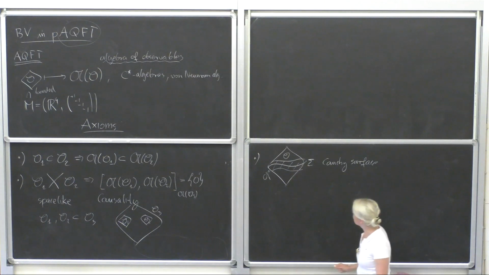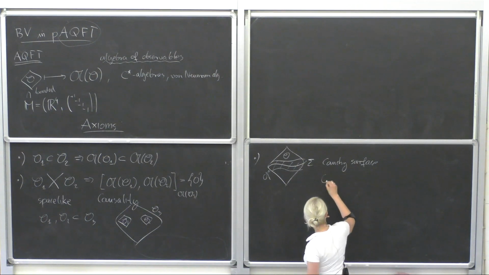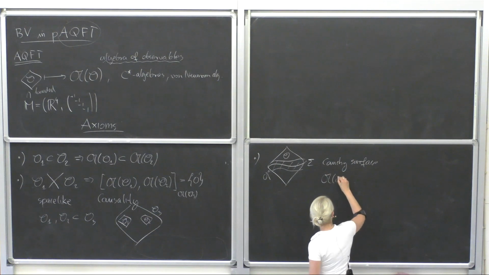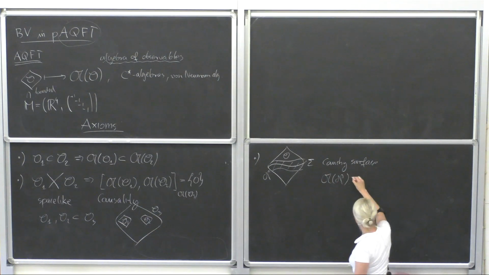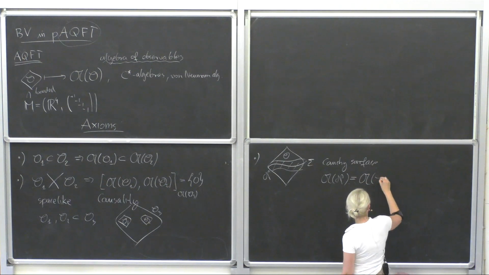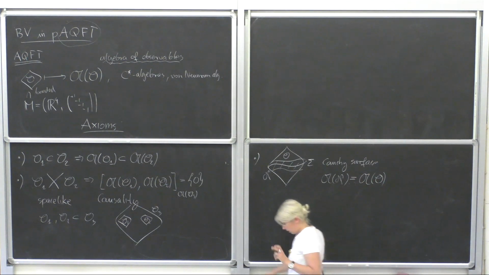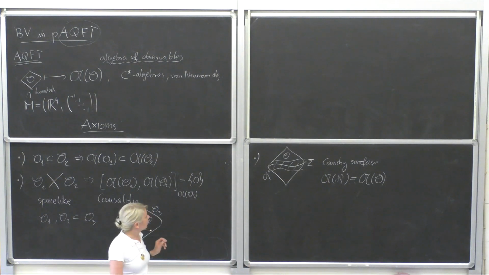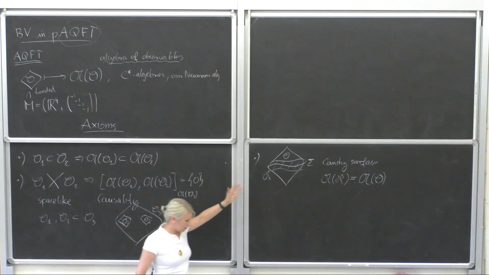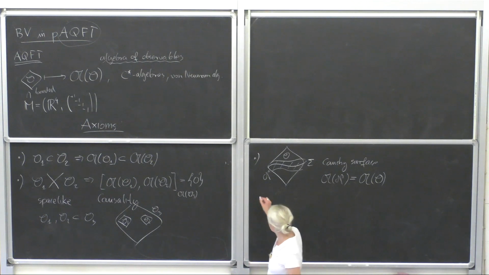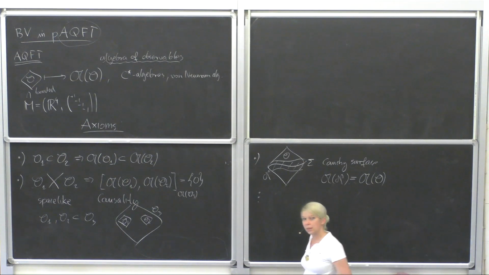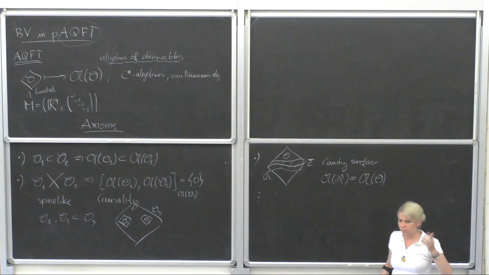Now here we have something very similar, namely we require that A of N is equal to A of O. That's actually quite strong. And there are more which I'm not going to talk about because they're not relevant to this story.